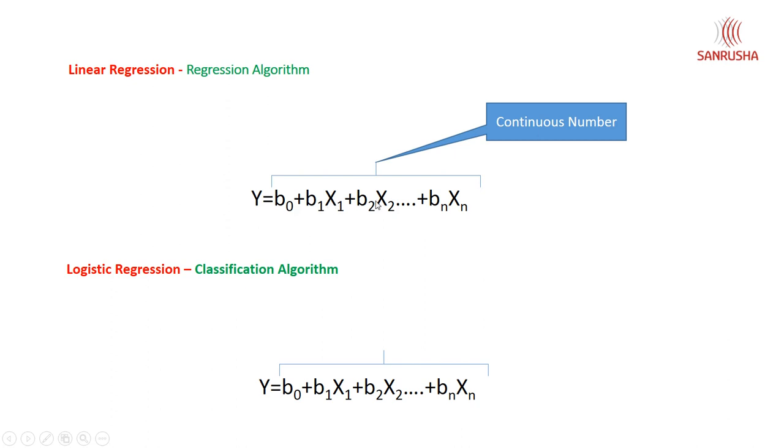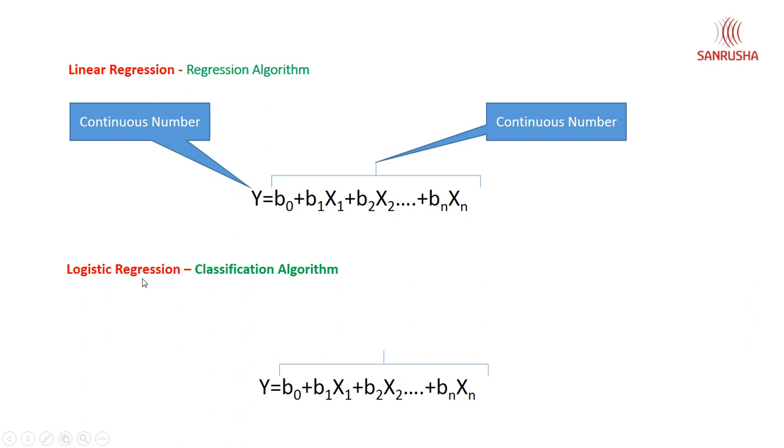The x1, x2, x3 and beyond are all continuous numbers, and the result of this whole equation along with the coefficients is a continuous number. And the outcome will also be a continuous number. You have worked on cases of predicting fuel efficiency, wherein the independent variables were various features of the car, and you came up with the predicted fuel efficiency, which was a continuous number. So input continuous number, output continuous number.